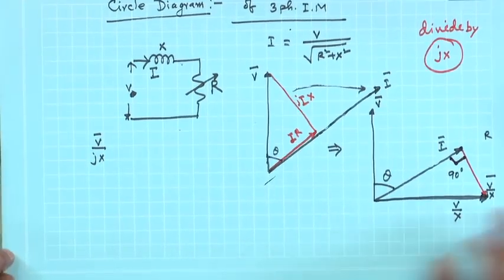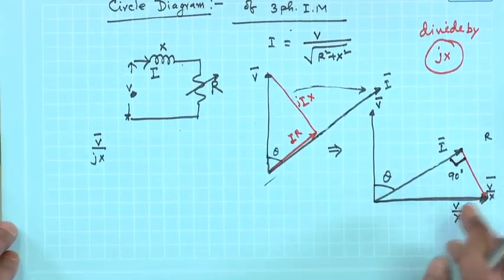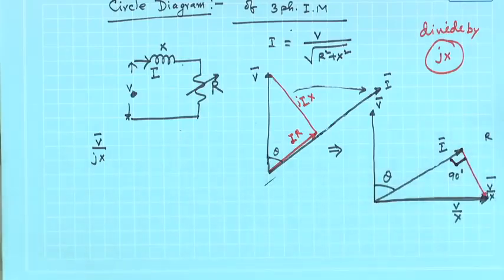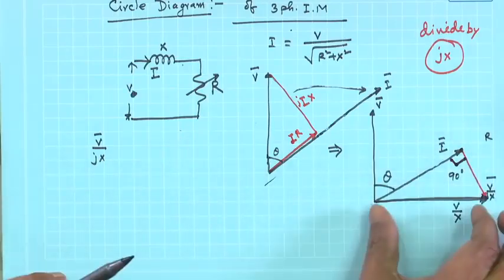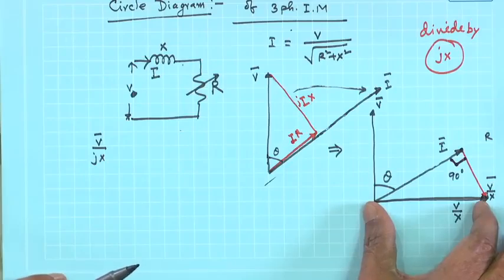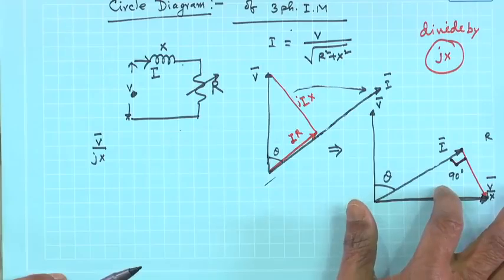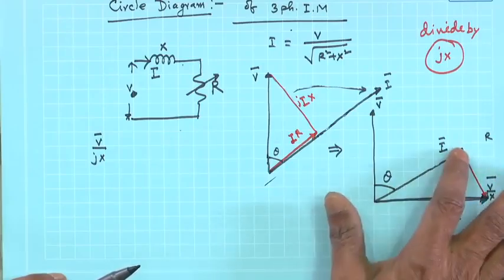Now, the question is, if you change the value of r, what is going to change? This side V by x is not going to change. This angle is not going to change. Only the value of I will change.